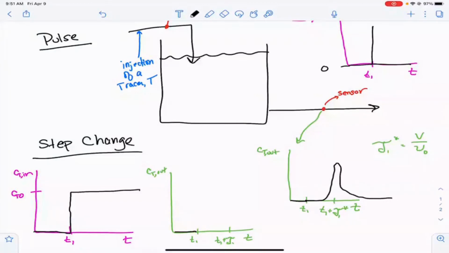It's going to be mixed, it's going to come out, and then you're going to reach steady state at some point in the future. We're not operating at steady state in a tracer experiment like this yet. This is the steady state. And what you're going to measure is that it's going to come up and it's going to level off, okay?